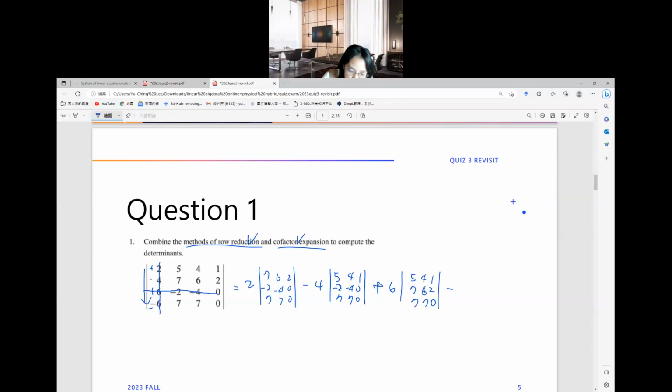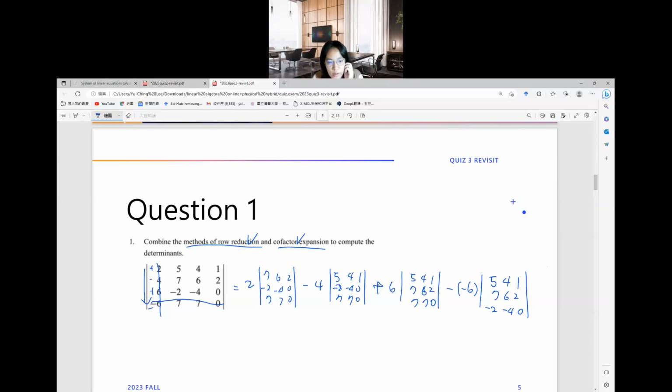And then plus a minus 6, and the 3 by 3 submatrix is obtained by 4, 5, 4, 1, 7, 6, 2, 2, minus 2, minus 4, and 0.